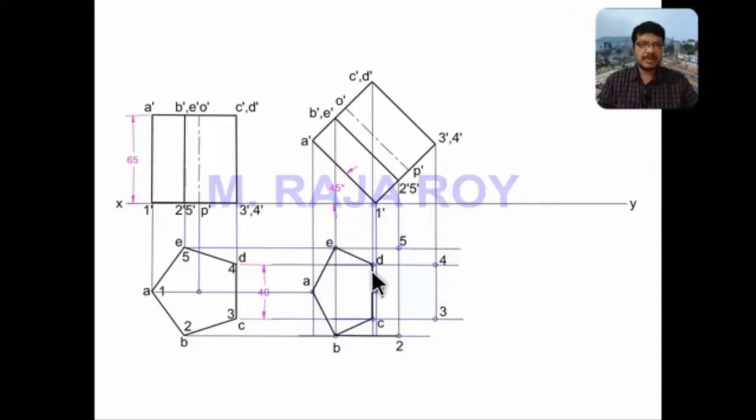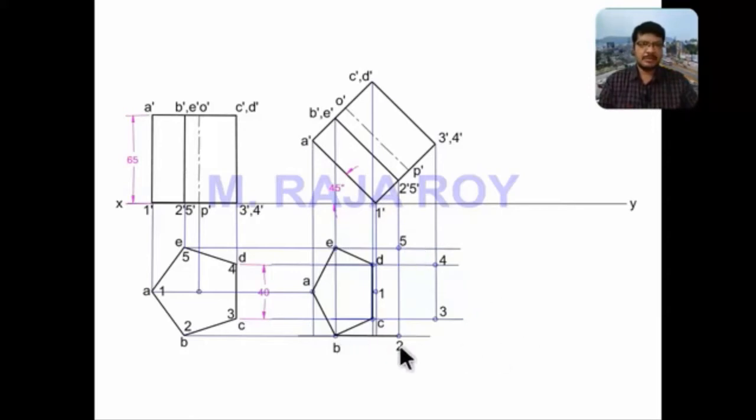And what are the invisible edges? When you are seeing like this for the top view in the front like this, completely invisible point is 1 dash. That means the edges connected to this 1 dash point will be invisible. That means 1 dash, 2 dash is invisible, 1 dash, 5 dash is invisible, 1 dash, A dash is invisible.